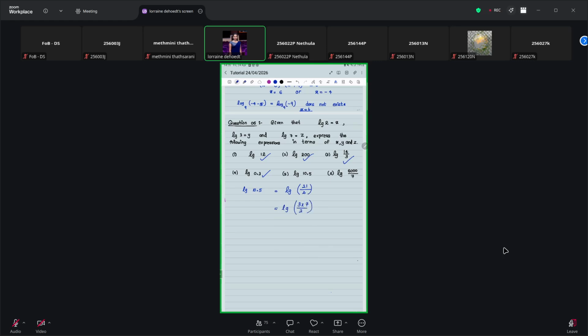Sorry, 3 into 7 over 2. So you can write log 3 into 7 minus log 2. Multiplication you can write as the addition like this. So that means y plus z minus x. It's okay.